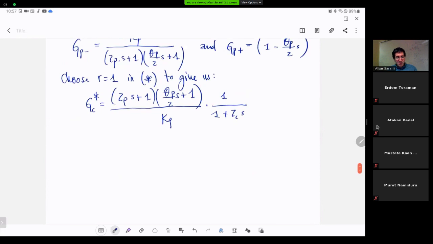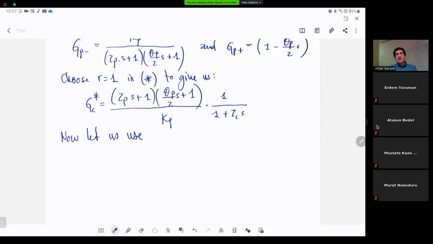So we have an expression for GC star. Now remember, we are not after GC star because all we want is an output feedback based controller in the end.